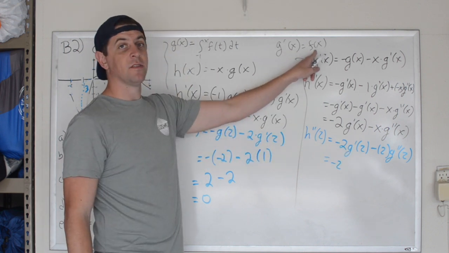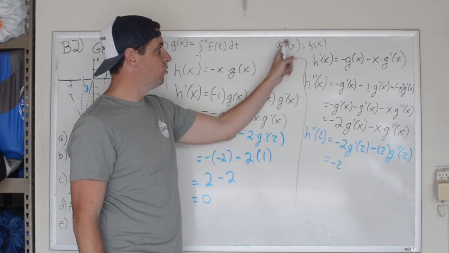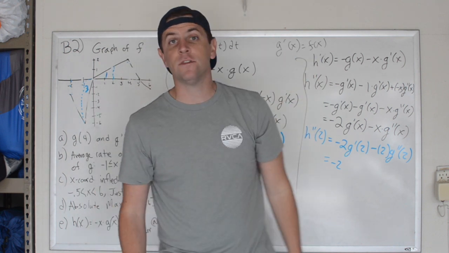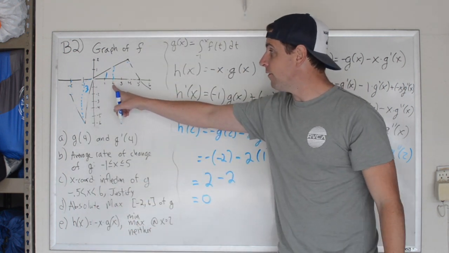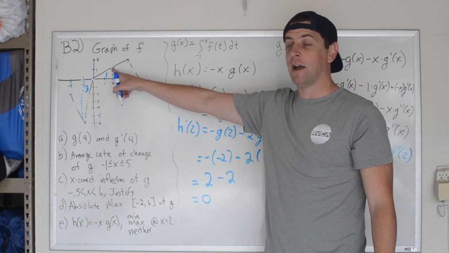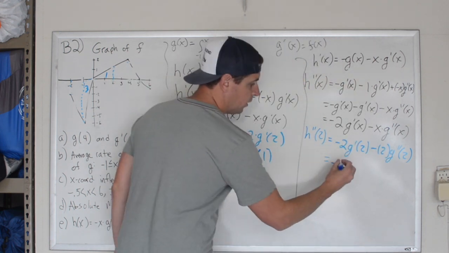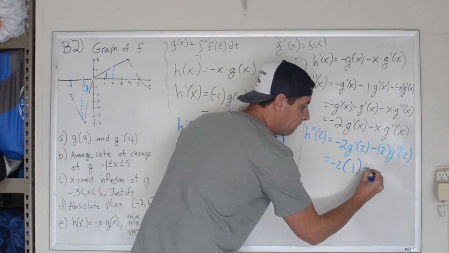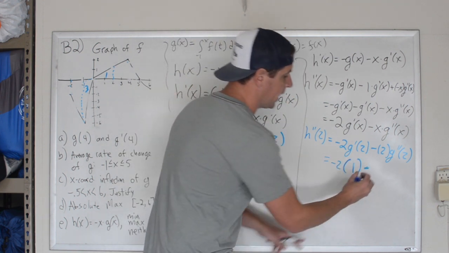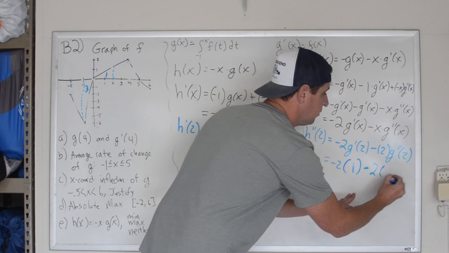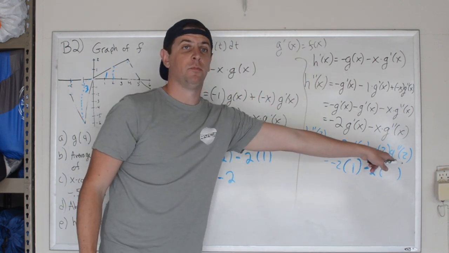Remember, g prime is f of x. So g prime of 2 is the same thing as f of 2. As a reminder, f of 2 comes from this graph. It's just the y value when x is 2, which is 1. So this is going to be negative 2 times 1 minus 2 times g double prime of 2.